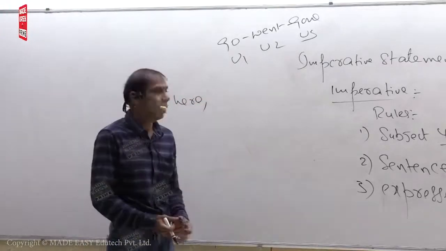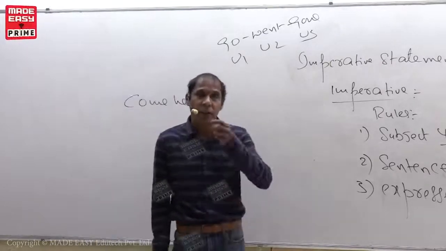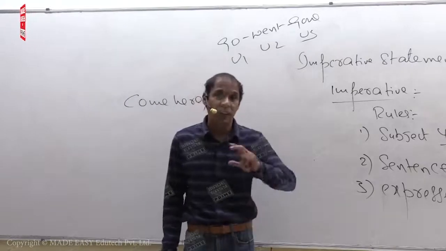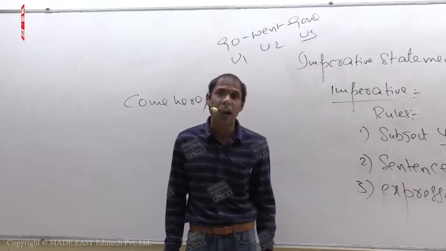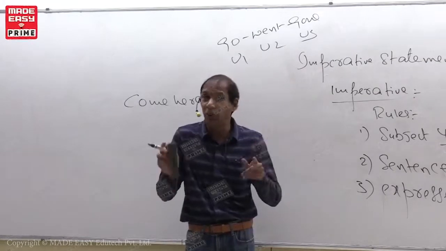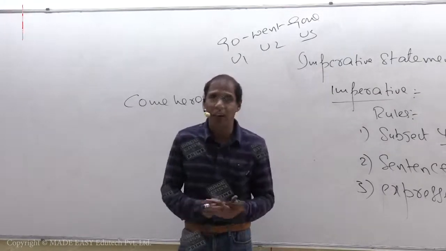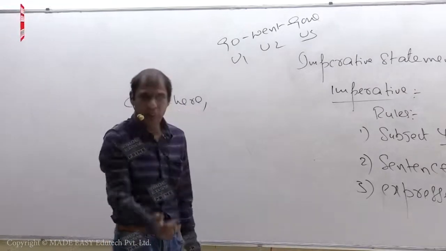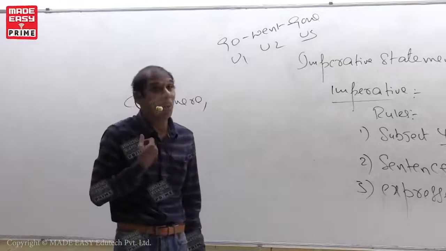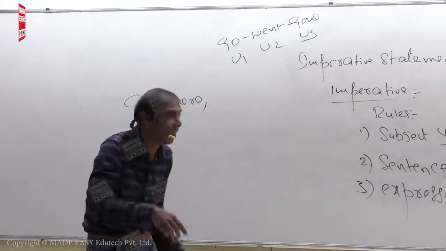When we directly speak to a person, we don't say you, but the meaning will be there. Come here means you come here. I am not saying you, but the meaning is there.